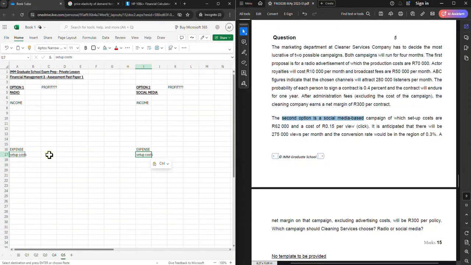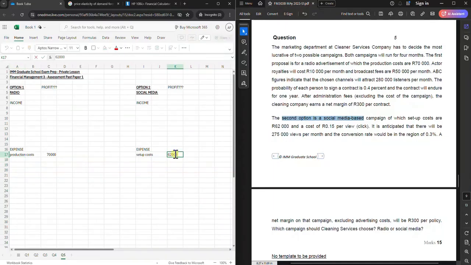The radio is actually production, not setup, but I suppose it's the same thing, really. Yeah, you could probably say so. Production cost, setup costs. Social media is setup, so that's spot on. So production cost was 70,000, and the second one, setup costs, was 62,000.